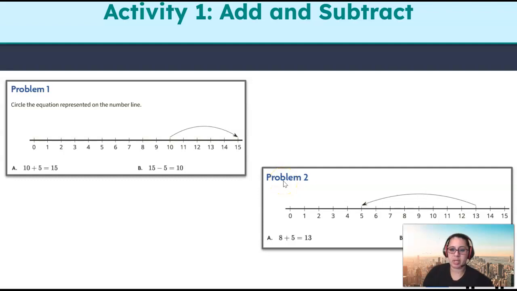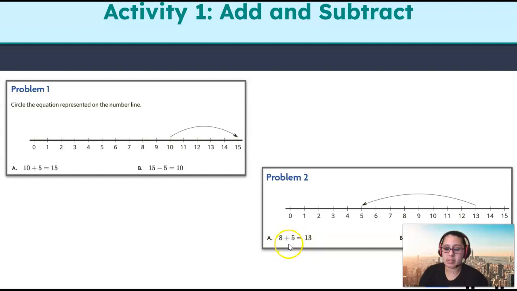All right. And then let's do problem 2. I'm going to have you work with your partners. You have your whiteboards. Go ahead, if you need to use your whiteboards to help you, that is totally fine. So we have problem 2. These are your 2 equations. A is 8 plus 5 equals 13.